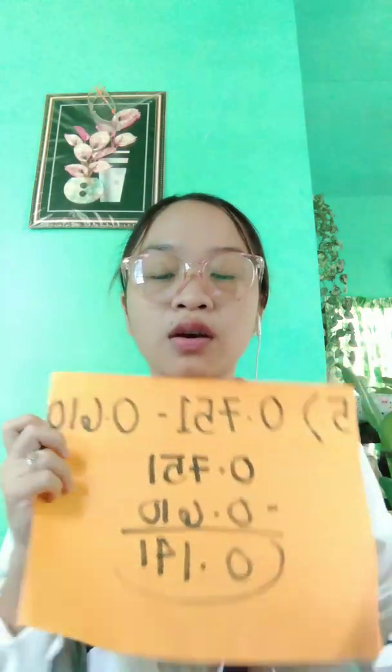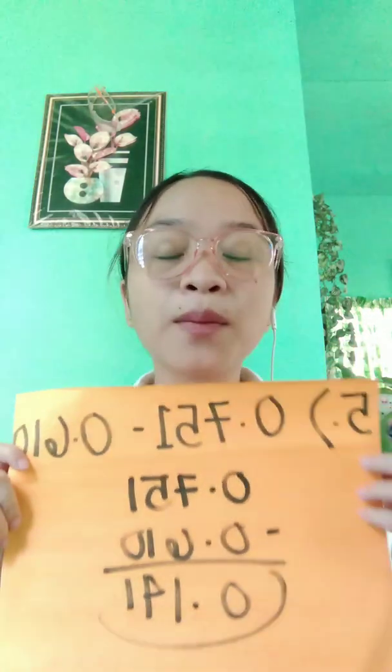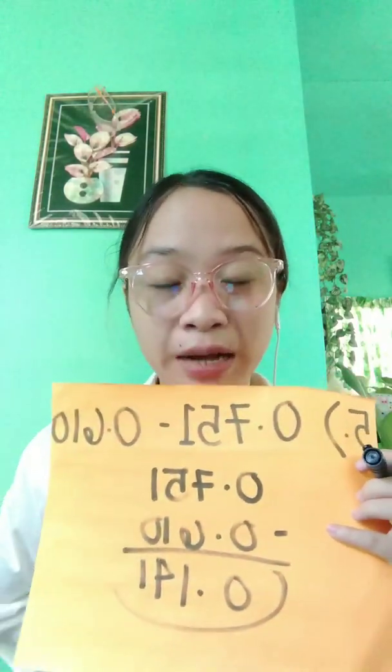So, 0.751 minus 0.610. Of course, 1 minus 0, 1. 5 minus 1, 4. And 7 minus 6, 1. So, the result is 0.141. So, dili na siya mag-borrow if dili na needed mag-regroup sa decimals.